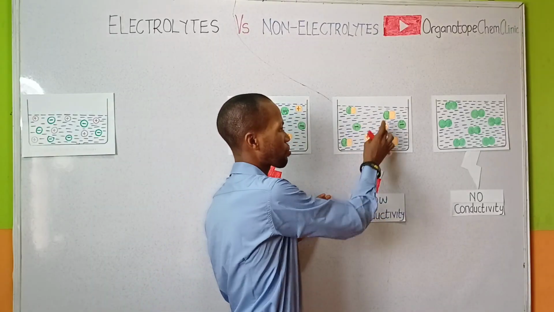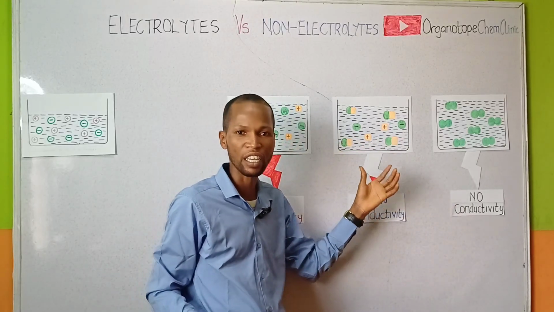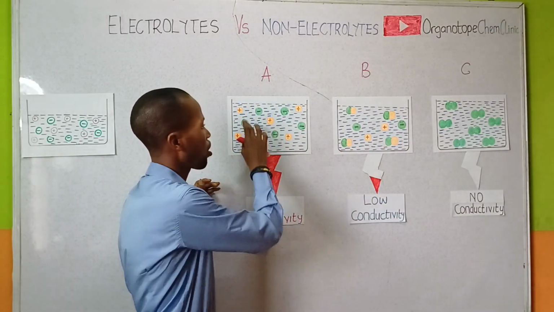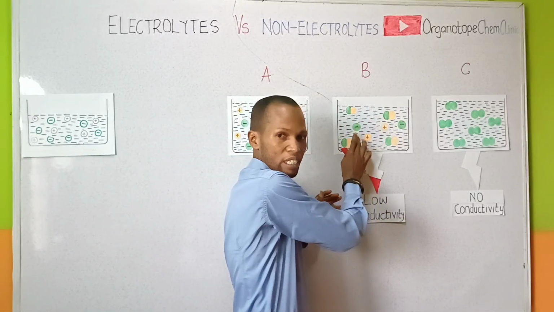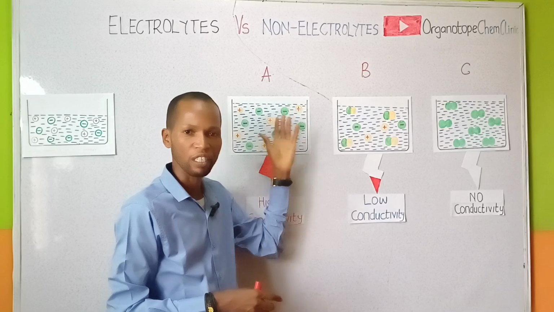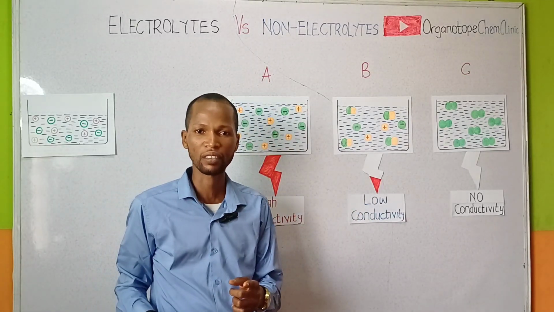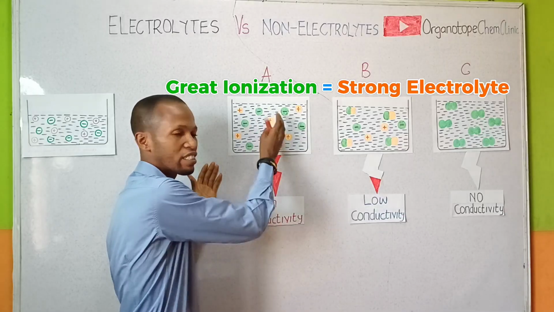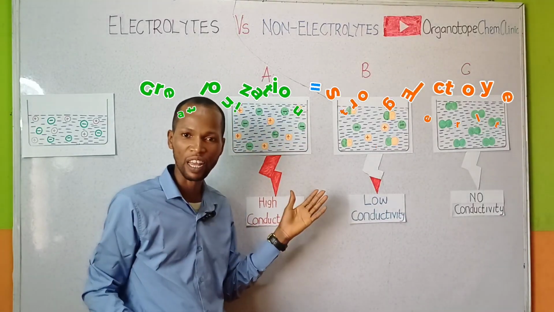Also, the second chart right here contains positively charged and negatively charged ions. We can observe that there are more ions in this solution than in this other solution right here. So what does the amount of ions in solution tell us when we are talking about electrolytes? The greater the degree of ionization in solution, the stronger is the electrolyte.